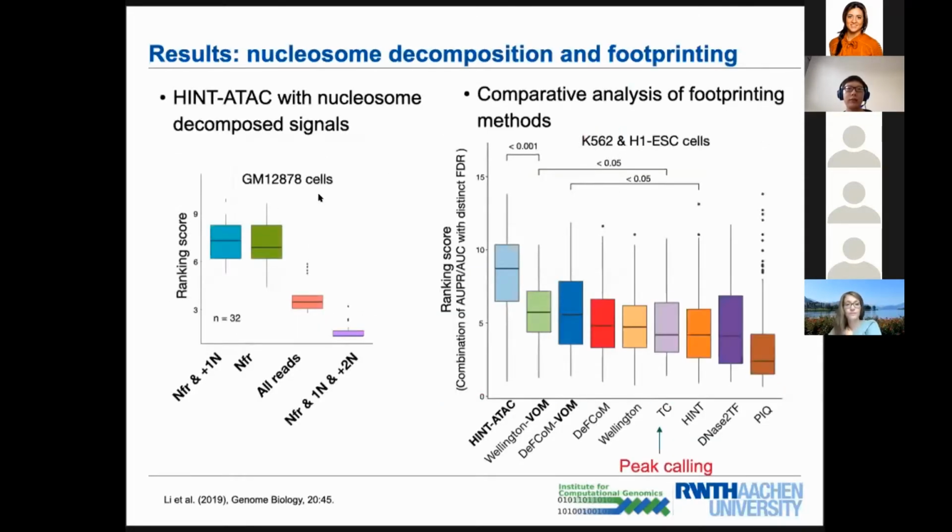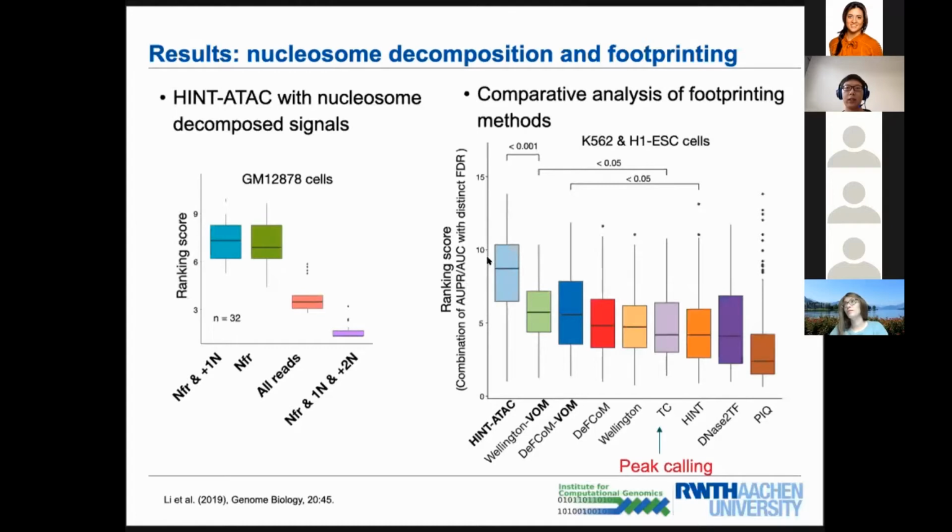On the left, we can see the evaluation result using different ways to do the decomposition. And it turns out that by decomposing the reads as nucleosome-free reads and reads with more than one nucleosome, we can improve the prediction significantly.